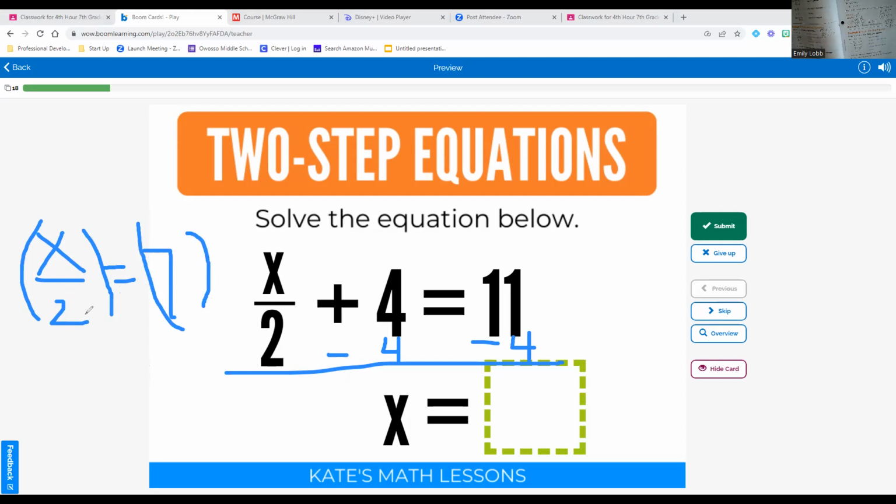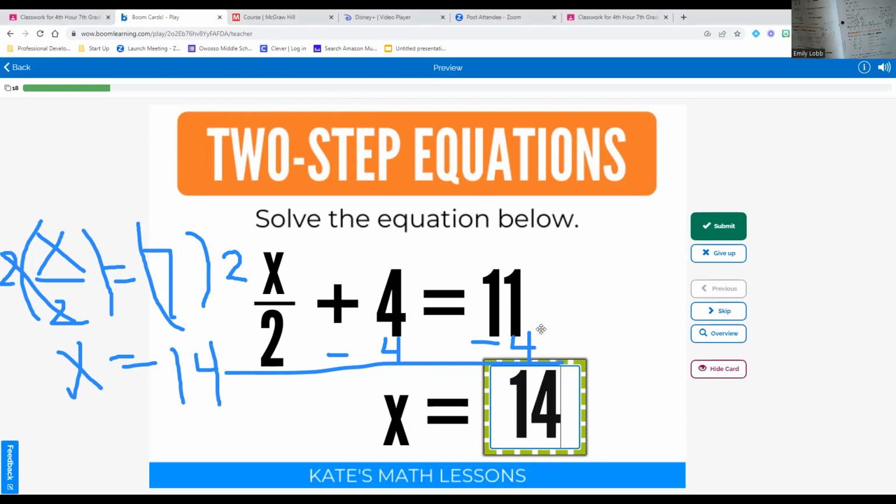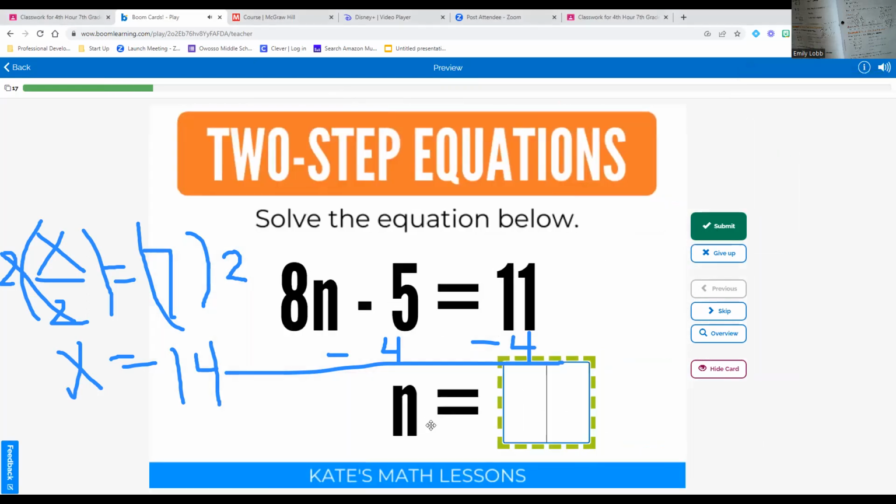I've got to get rid of this, so I'm going to multiply them both by that. So 1x is equal to 7 times 2, which is what? 14.